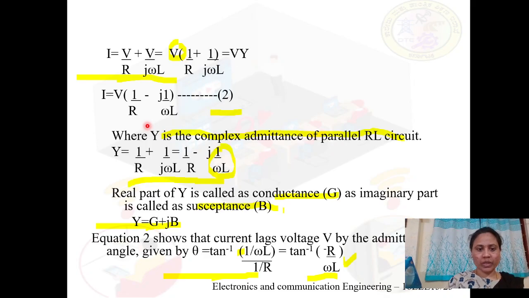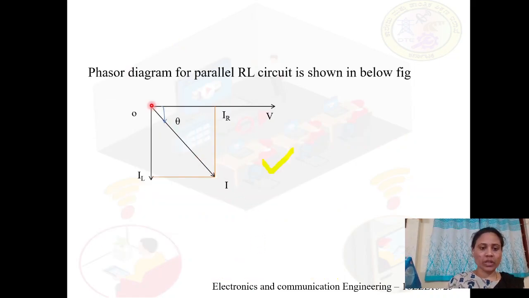From equation 2, we also concluded that the relationship between applied voltage and current is that current lags the voltage. Therefore, here I lags V by an angle of theta.